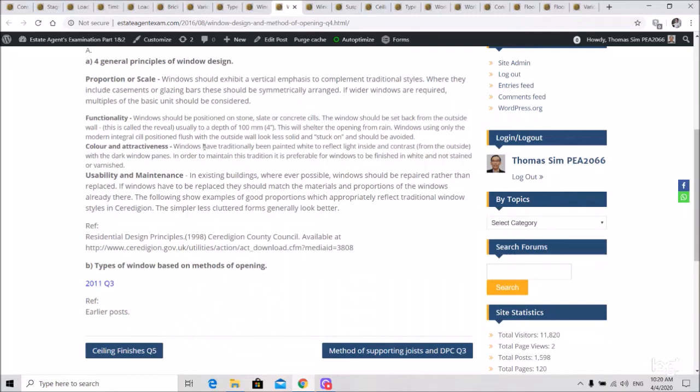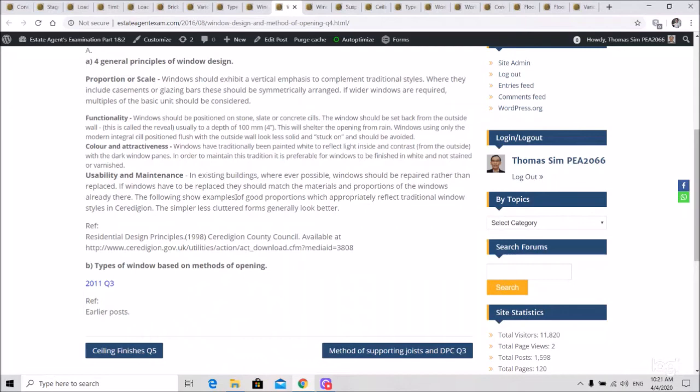Then color and attractiveness. The principle is that you have to have a darker color if it is a very bright house near the sun. And also maintenance, you have to consider the way of maintaining the window. For a window that is higher up, like some ventilation windows on top of the kitchen or on the higher level of the toilet, you will know that maintenance is difficult.